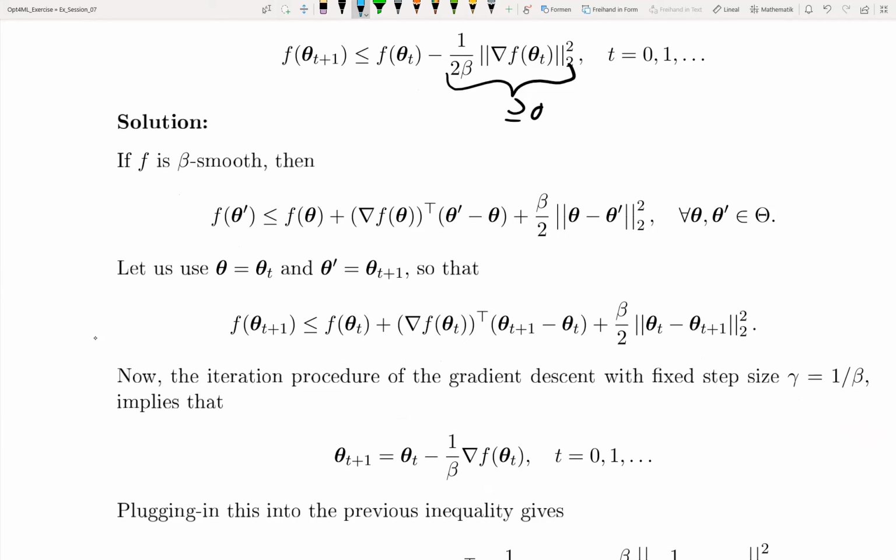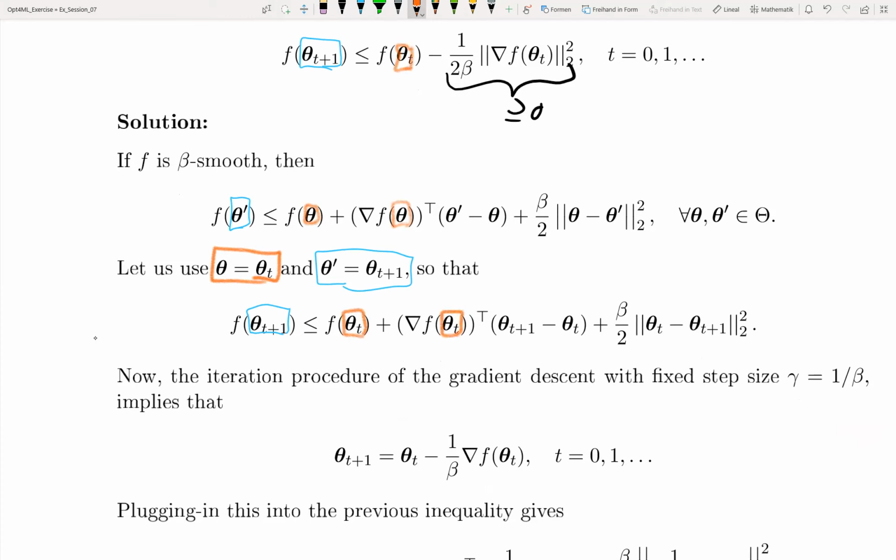Well, we use the following substitution. Theta prime is theta t plus 1, because this is the left-hand side which we want for our result. We use theta t for theta here and here, because, well, it appears here.